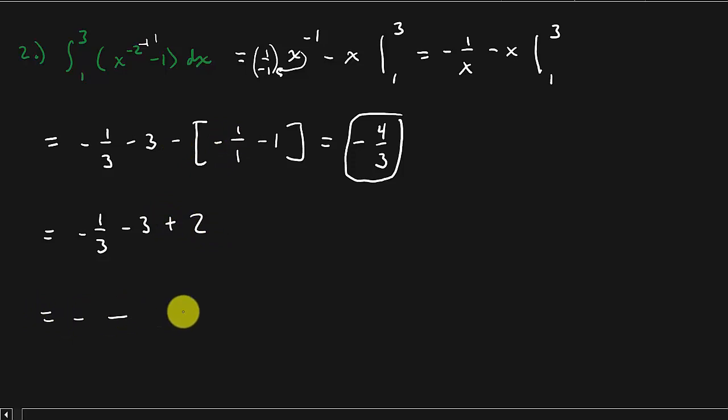And then you would get a common denominator, which would be 3. So that's 1. Was that 9 and 6? And so that's going to be, let's see, negative 1 minus 9 is negative 10, plus 6 is negative 4 over 3.